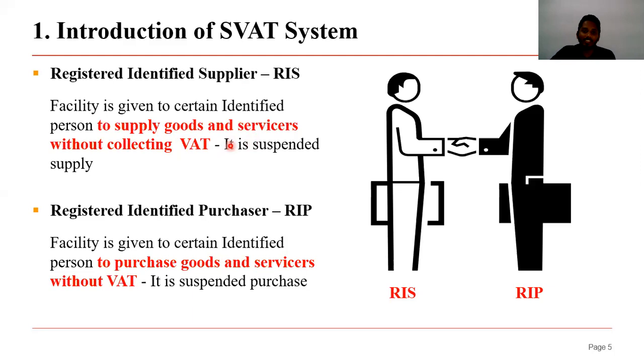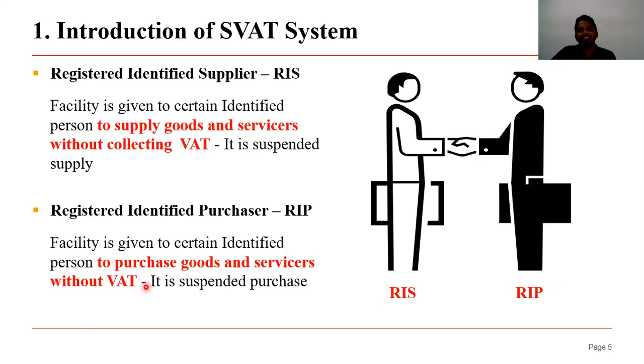Let's say if it is 100 and the suspended VAT amount is 8, you issue an invoice for 100 and they are not collecting VAT. From the purchaser's point of view, the SVAT registered identified purchaser facility is given to certain identified persons to purchase goods and services without VAT.